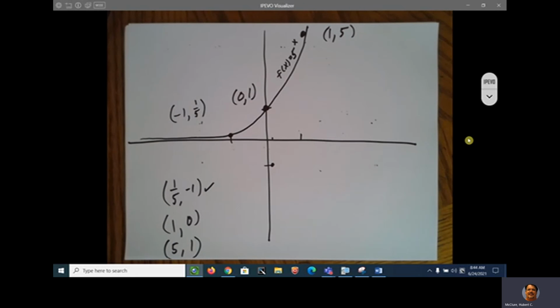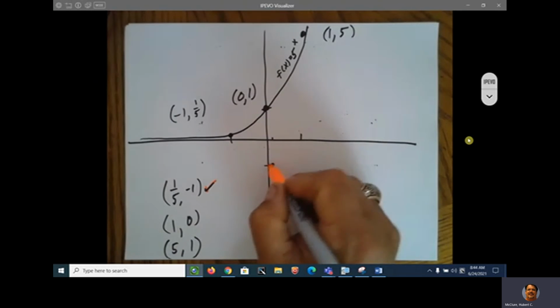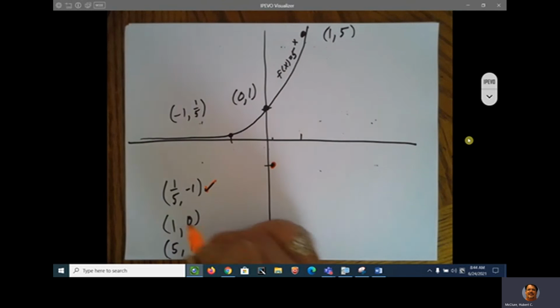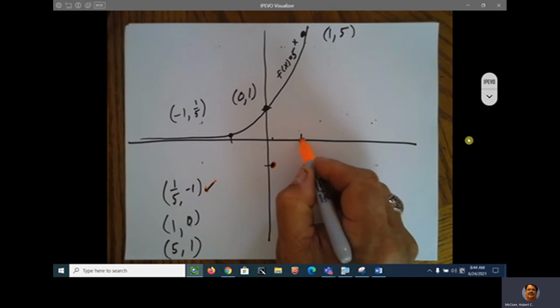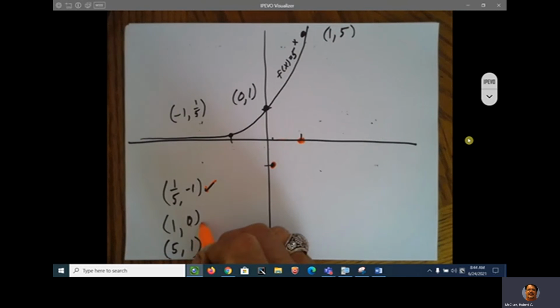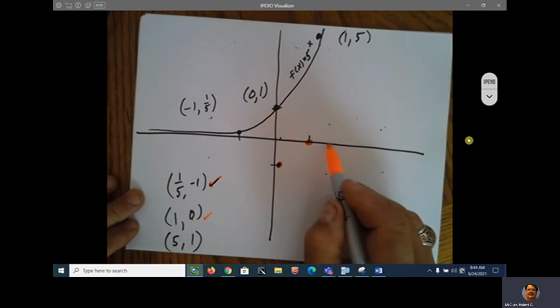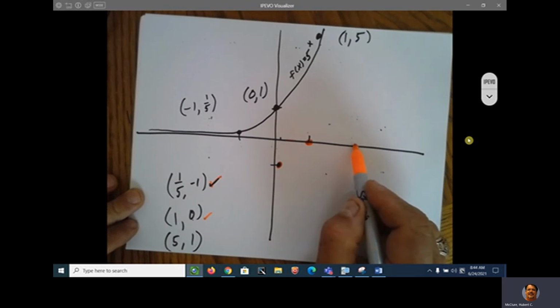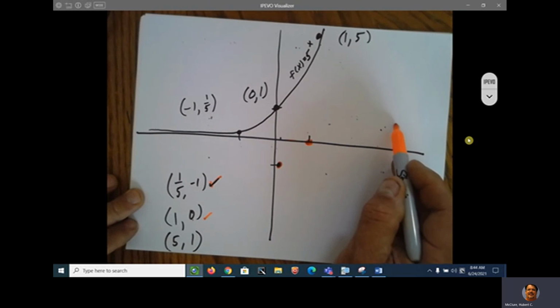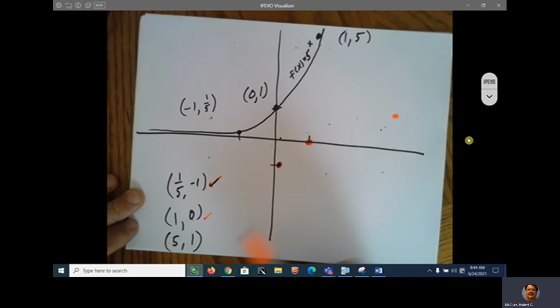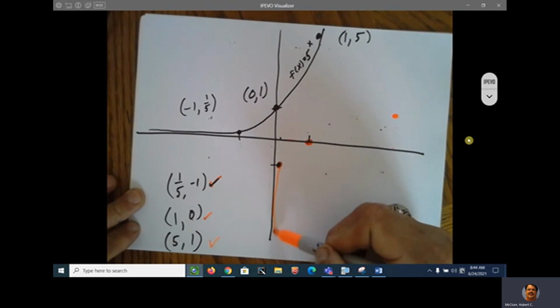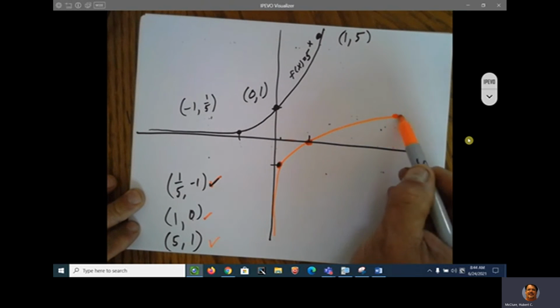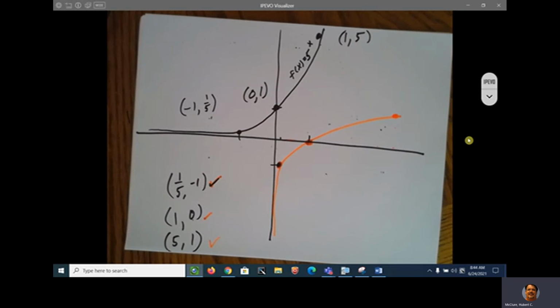That way you'll see it better. And then 1 and 0 be right there. And then 5 and 1: 1, 2, 3, 4, 5, and 1. And that function looks like that.